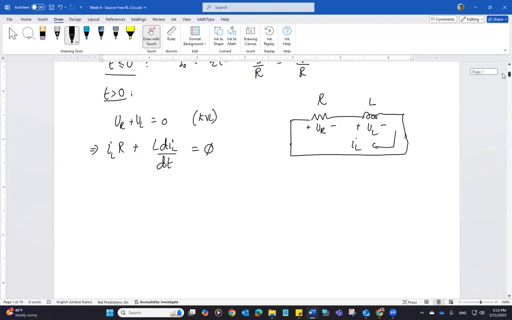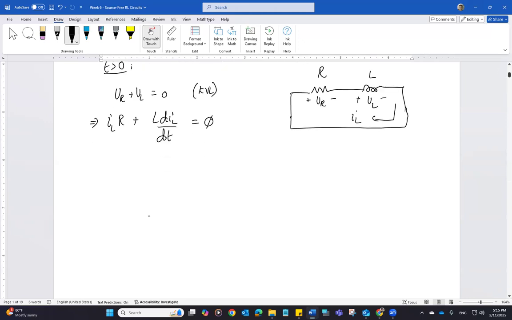Remember, we are trying to figure out the value of IL for t greater than 0. Like we did with the derivation of RC circuits, we're going to do the same over here. We take it to the other side of the equation, and write down IL R is equal to negative L di over dt.